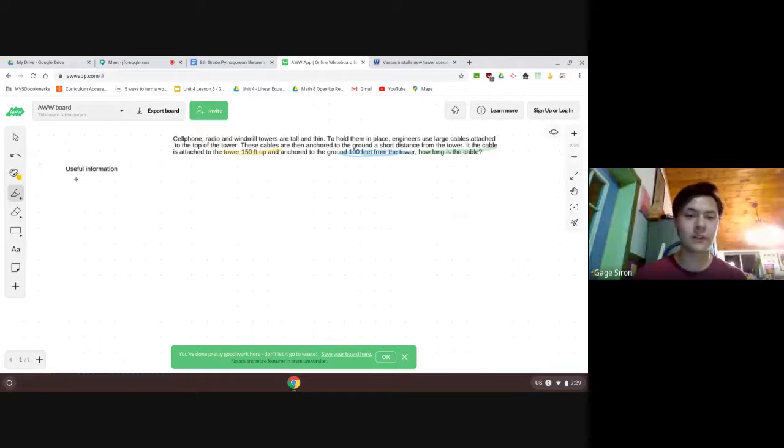So useful information here, we're going to say 150 feet tall. And we're also going to say that since the cable is anchored 100 feet away from the tower, the lateral distance, left, right, however you want to put it, is 100 feet.